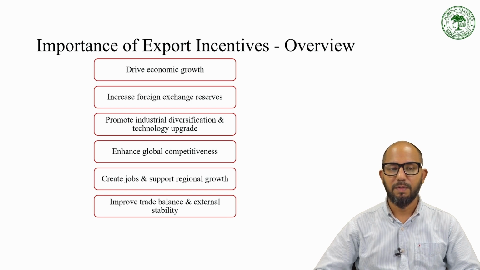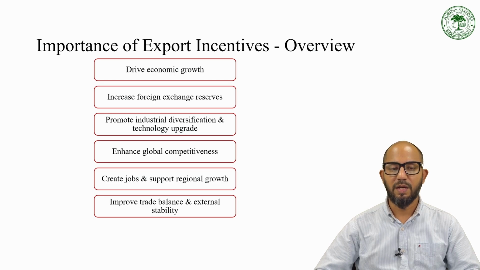The third is to promote industrial diversification and technology upgrade. Export incentives provide measures through which existing or new exporters can improve their technology. At times, it means transferring technology from developed countries to developing countries, as well as industrial diversification, where more and more goods can be produced in the economy with different types of features.